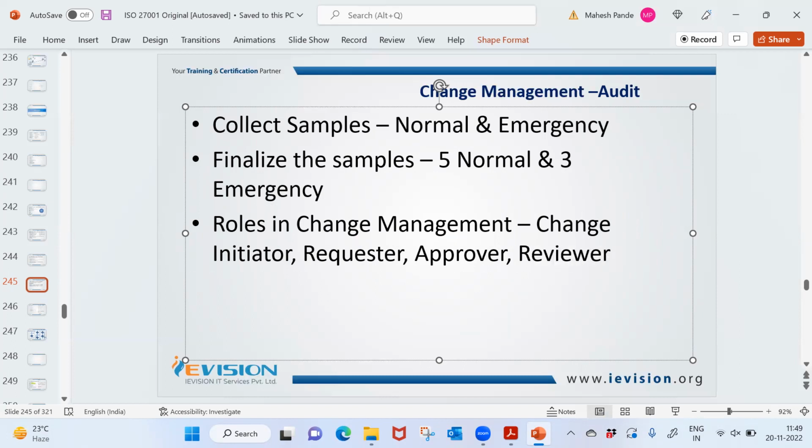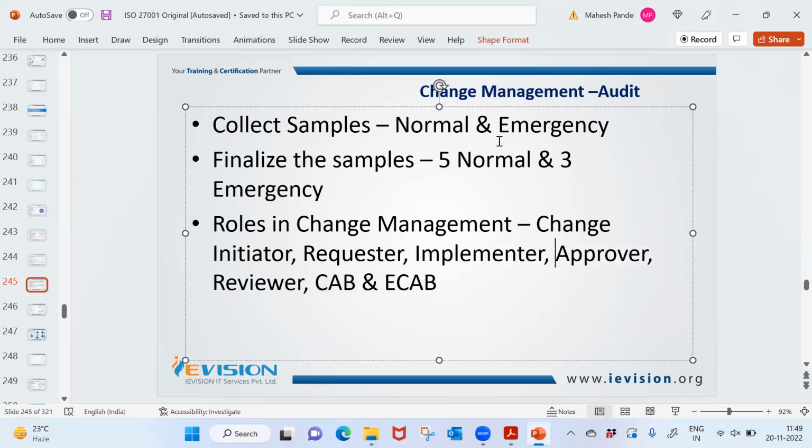There are many roles that you have, as well as CAB and ECAB. You have a change implementer as well. I'll have a look at that. I'll collect this information as well.